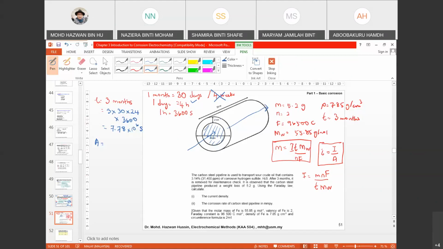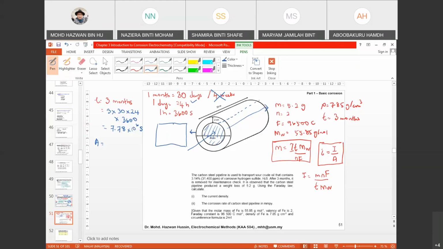Circumference is to calculate the circumference of your cylinder. As you noted earlier, when we transport the sour gas or the corrosive environment in this pipe, this internal part will be corroded. Imagine that if I cut this pipe, just one part, and open it, it will be like a piece of paper like this.